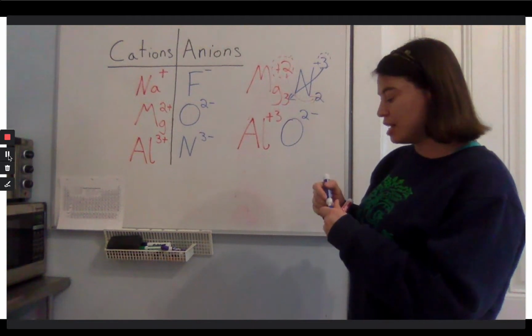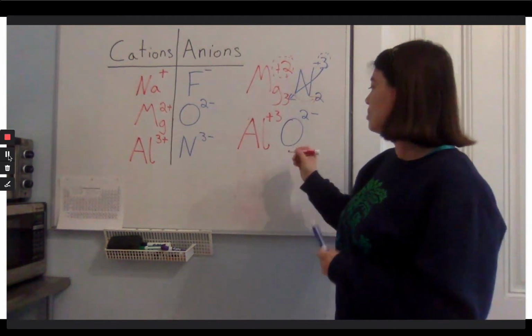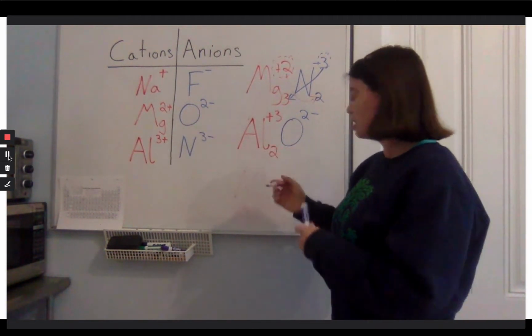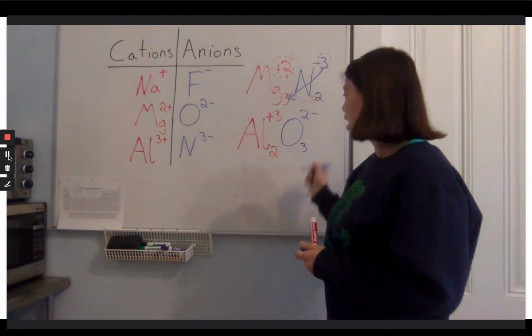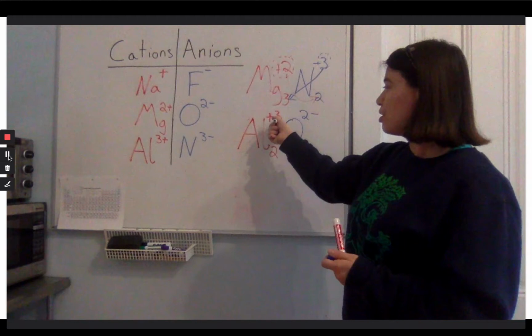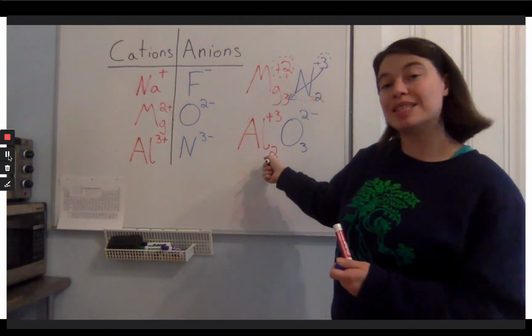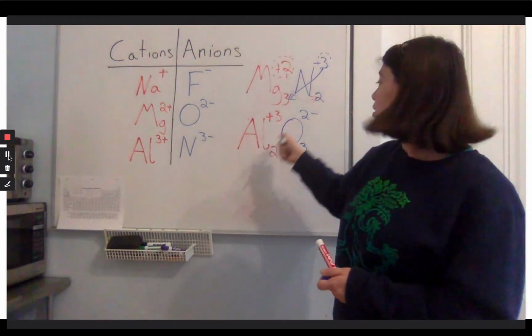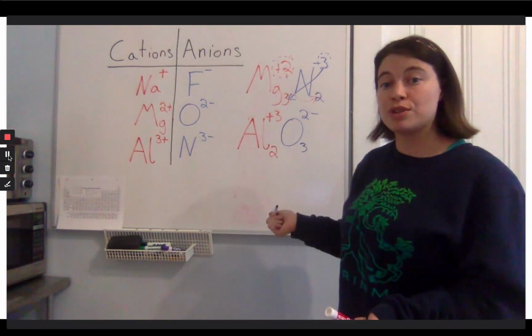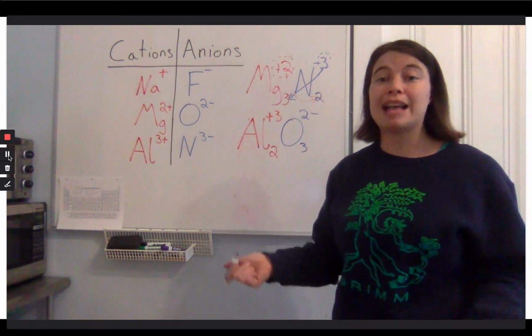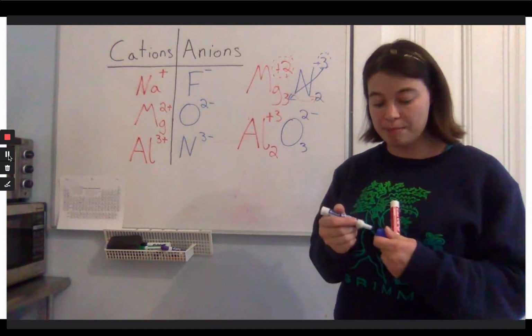So I'm going to need 2 aluminums to balance out every 3 oxygens. 3 times 2 is 6 positive charges. -2 times 3 is 6 negative charges. So again, this creates a balanced, neutral chemical compound.